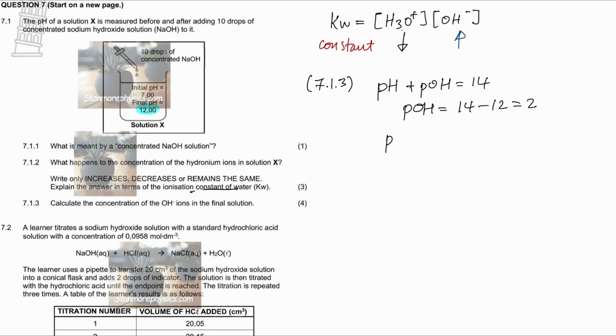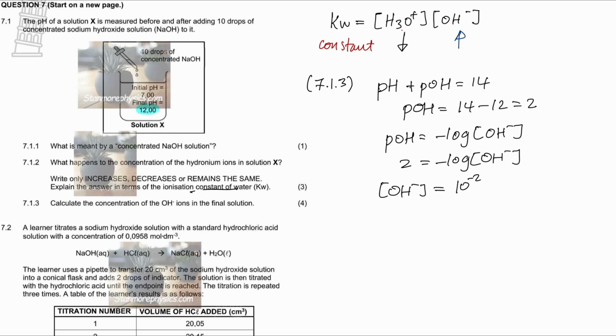Now, pOH is equal to minus log of the concentration of OH-. So 2 is equal to minus log the concentration of OH-. The concentration of OH- is therefore equal to 10 to the power minus 2, which is 0.01 moles per dm cubed.